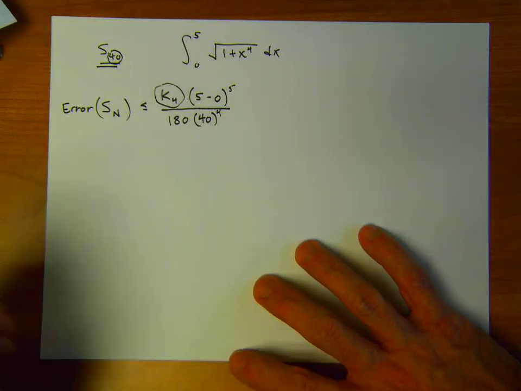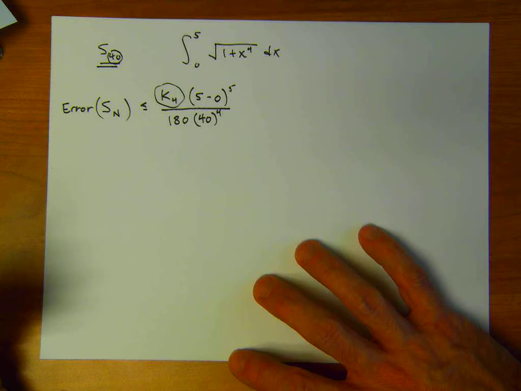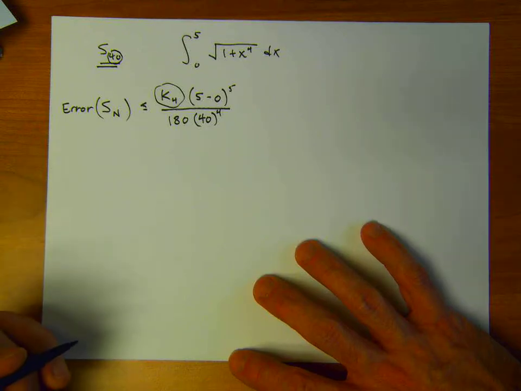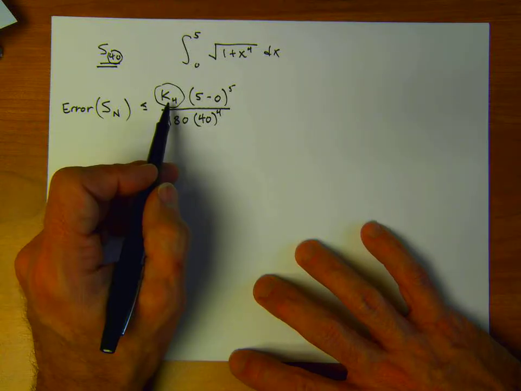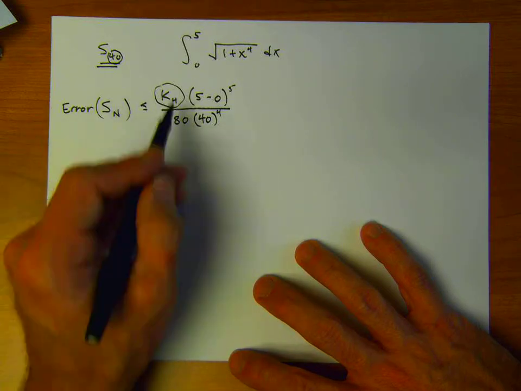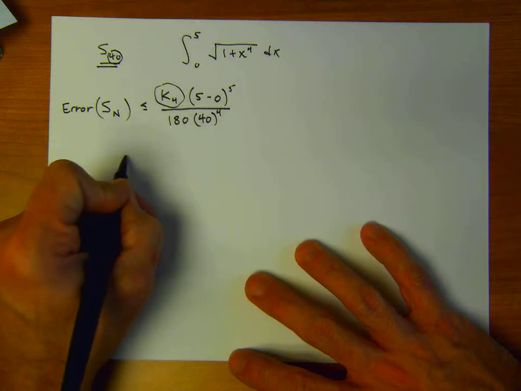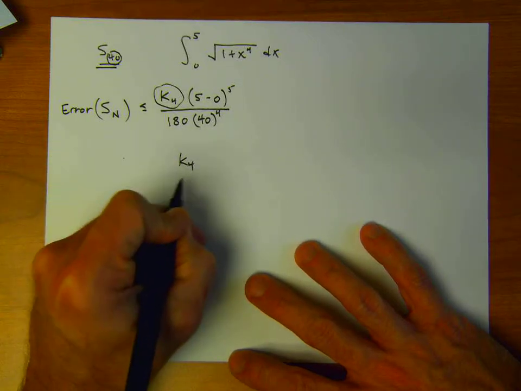So the trick here is to find K4, and actually the way this is stated in the text is it tells you to use a computer algebra system. That's what the CAS stands for, and we could use GeoGebra as a computer algebra system. Let's remember what K4 is first. K4 is the upper bound, right?